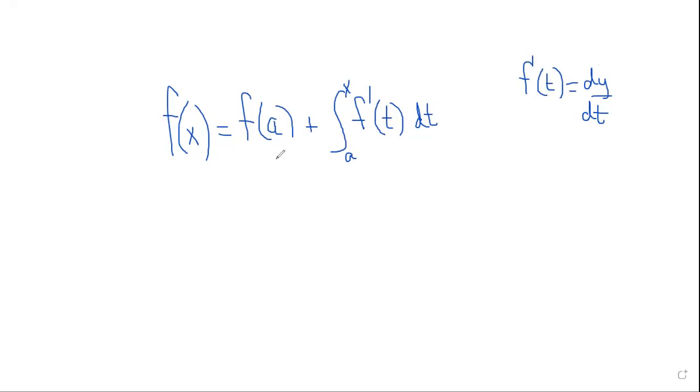Remember the property of equality. If I do the same operation on both sides of an equation, I should still keep the equality. Let's do the first derivative with respect to x of f of x, and then on the right side, the same thing.